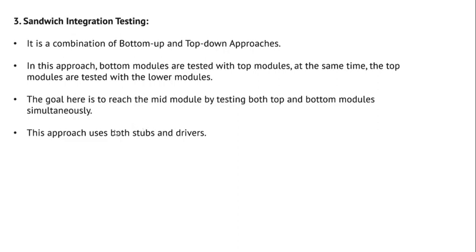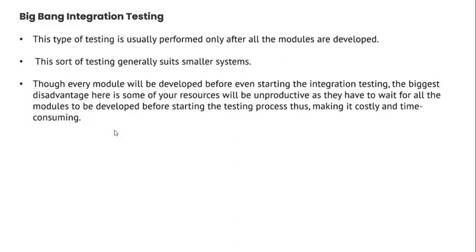And the second way of integration testing is Big Bang integration testing. This type of testing is usually performed only after all the modules are developed. It cannot be performed individually, basically. So this is something where all the modules must be ready.